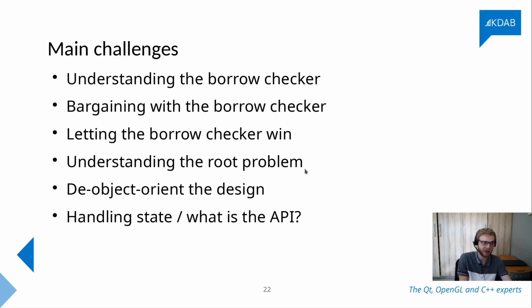It might be that your annotations are just wrong. But if you're really deep into this and you're sure that your annotations are right and it's still complaining, then there's probably some deeper problem that you're not seeing, which it's actually trying to warn you about. So the solution, as I said, is to try and de-object-orientate your design, right? Rust really hates it when you have references to things all over the place.